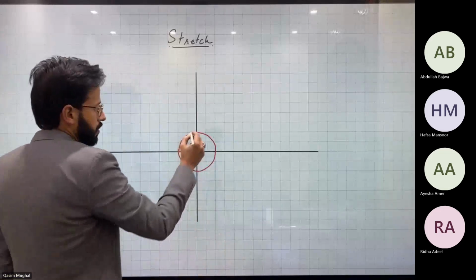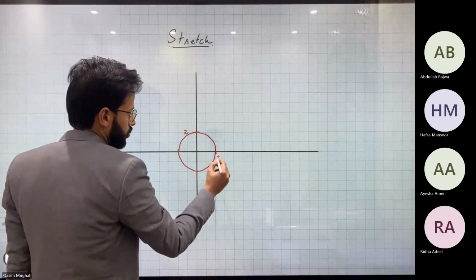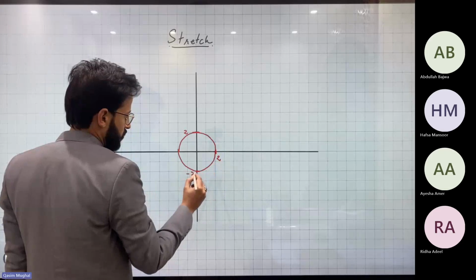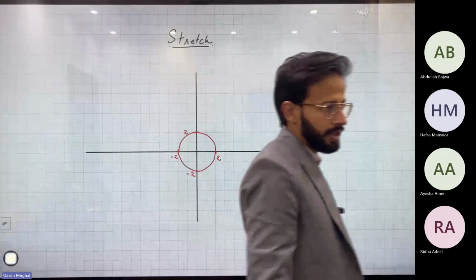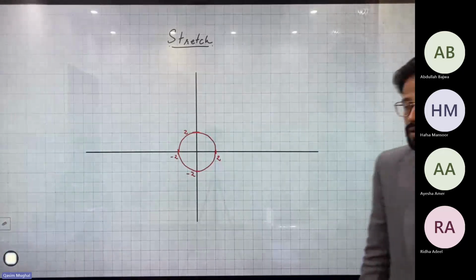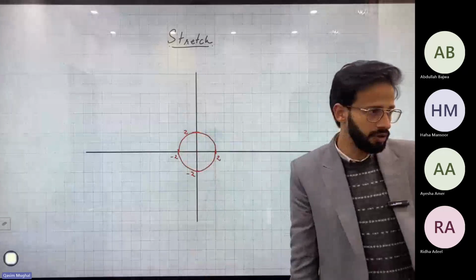As a circle. Let's suppose this is 2, 2, minus 2, and then minus 2. So I have drawn a circle just to give you an idea कि stretch क्या है, ये function नहीं है.